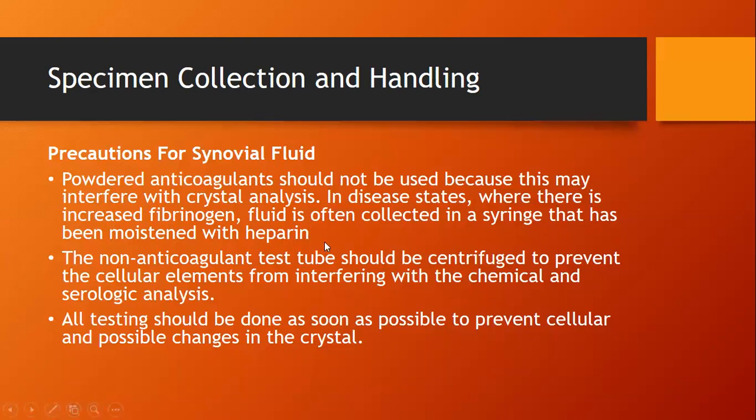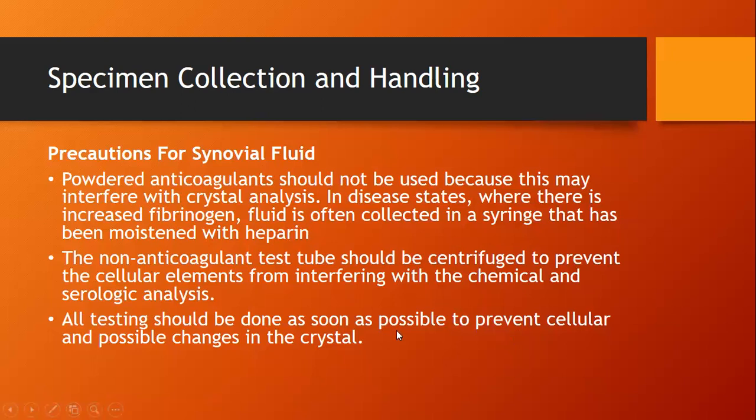The non-anticoagulant test tube should be centrifuged to prevent these cellular elements from interfering with the chemical and serologic analysis. After centrifugation, your cellular elements will be separated from the liquid component of your synovial fluid.